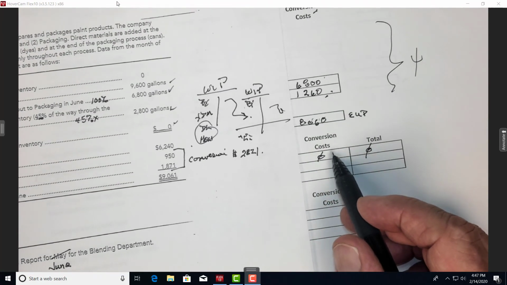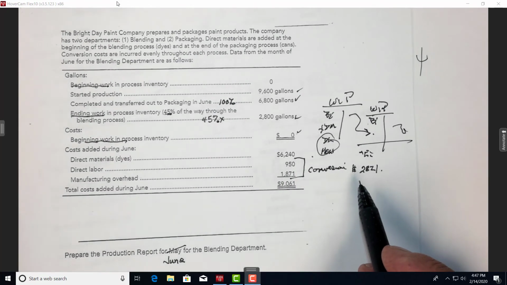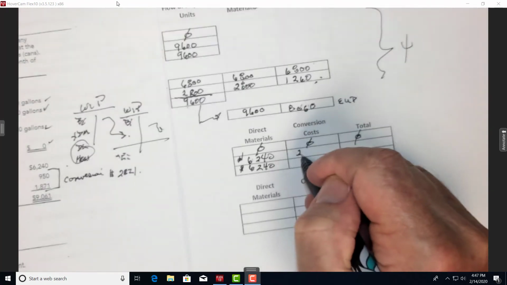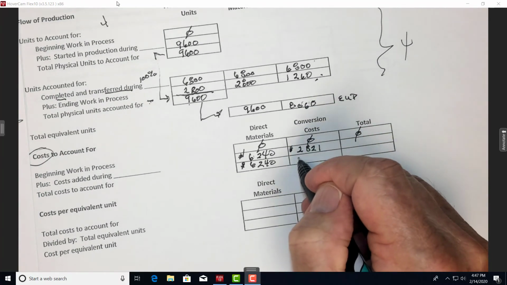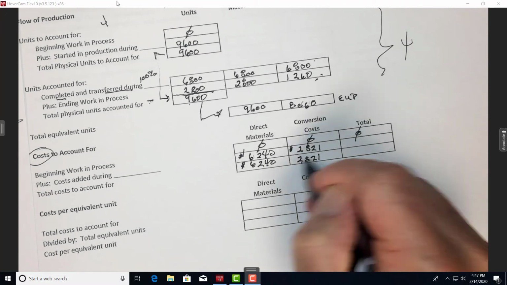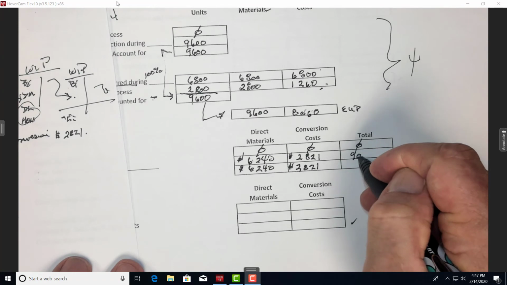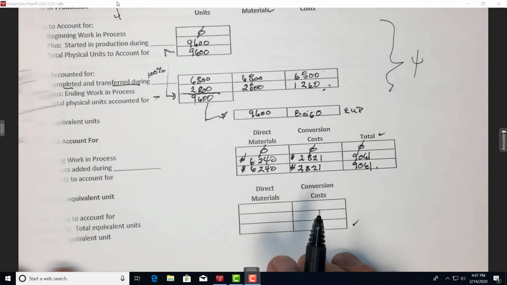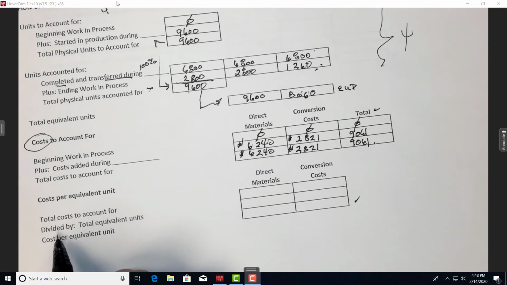The conversion cost, which we got from the problem, is $2,821. Then we have to add the total. The total is 9,061.